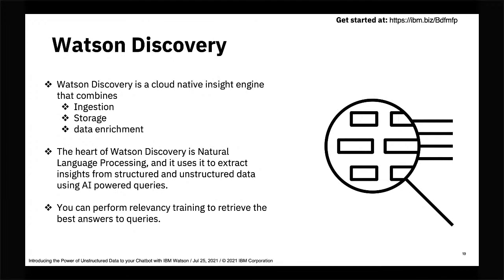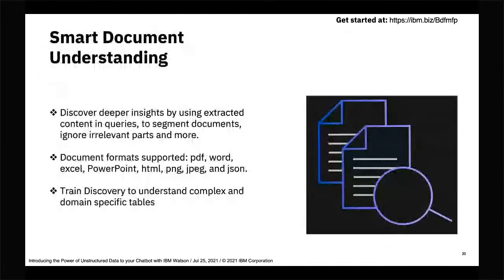Now, you can also perform relevancy training. So Watson Discovery can be trained to surface the best answers to queries that are run against previously enriched unstructured data. This includes very sophisticated search capabilities, and it can use standard formats such as HTML and doc files.